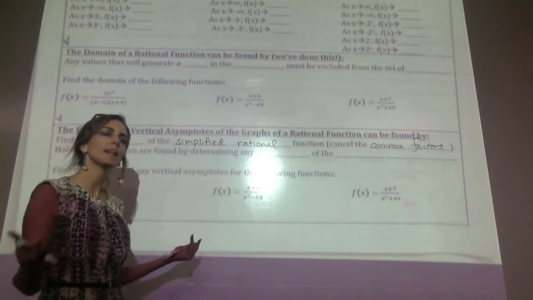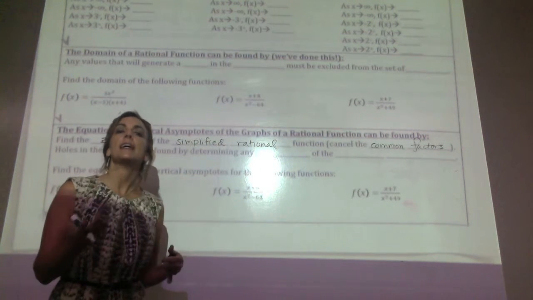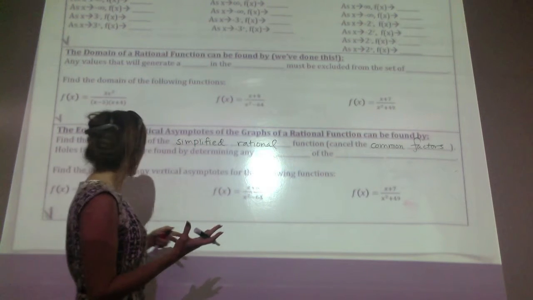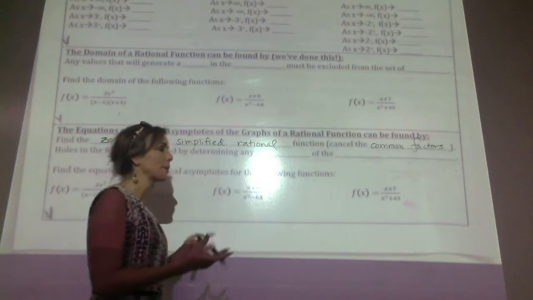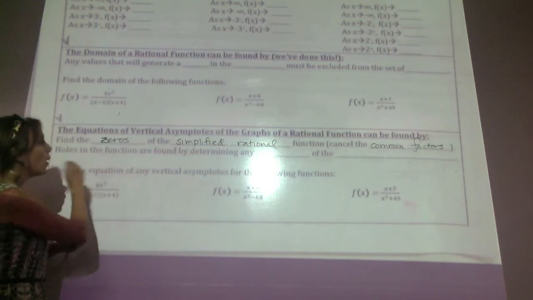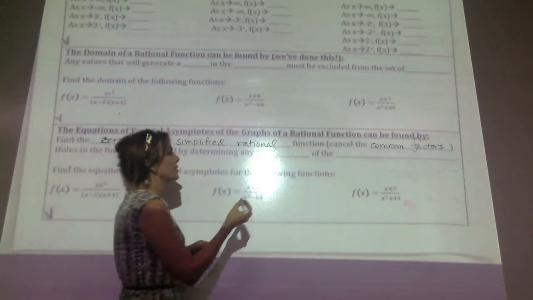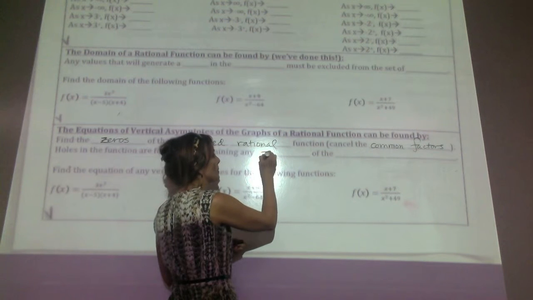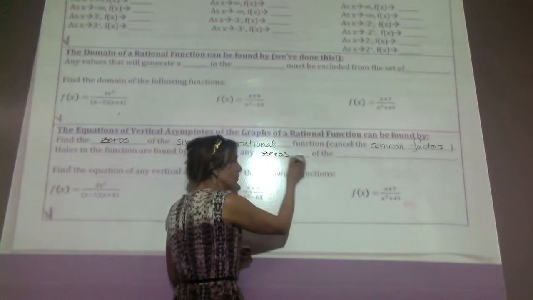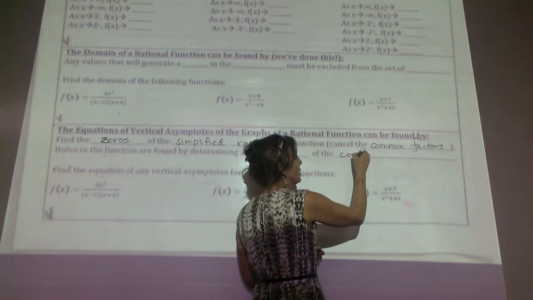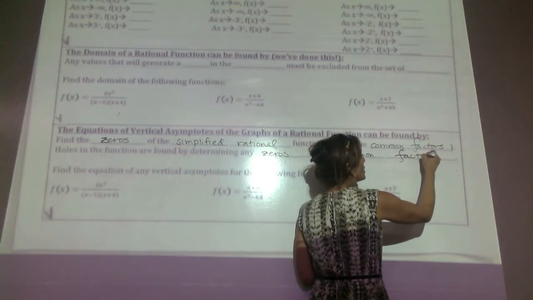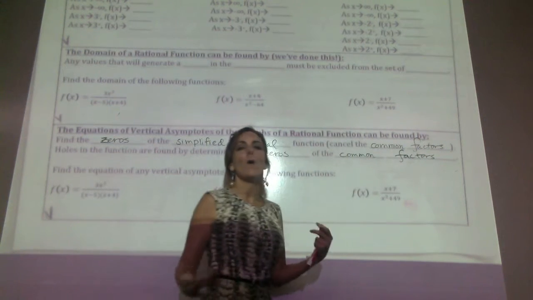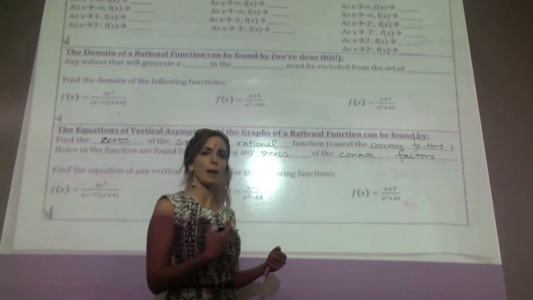Okay, so we set anything in the denominator equal to 0 that is not also represented in the numerator. Okay, so holes in the function are found by determining any zeros of those common factors. So anything that is in common is going to generate a hole in the graph of a rational function.